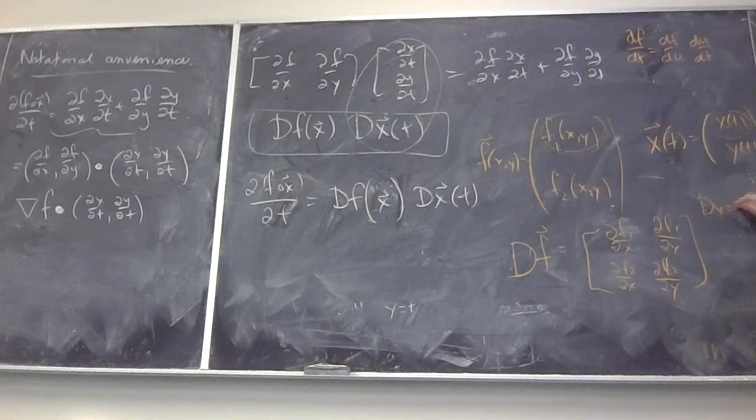So what are all the partial derivatives of that row? Well, it's just dx dt. There's nothing else to take a partial derivative with respect to. Then I shift down to the second slot and put in all the partial derivatives of y, which are dy dt.